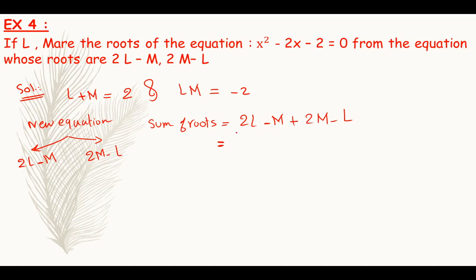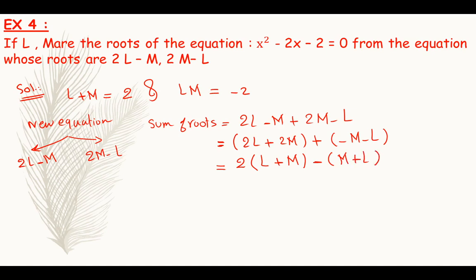We are going to take 2L plus 2M together in a bracket plus negative M minus L in another bracket. Here we take 2 as a common factor, and the remainder will be L plus M. And here we take negative as a common factor, and the remainder will be M plus L. Now 2(L plus M) minus (L plus M) will be 1(L plus M).